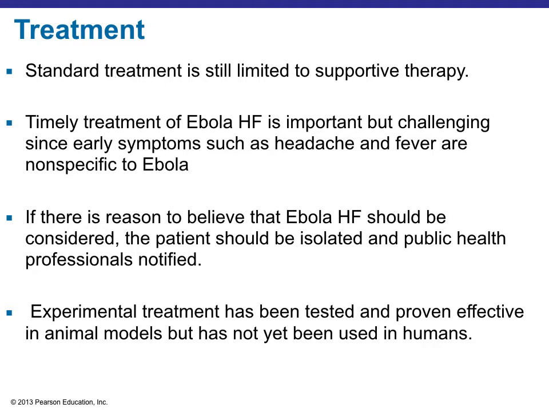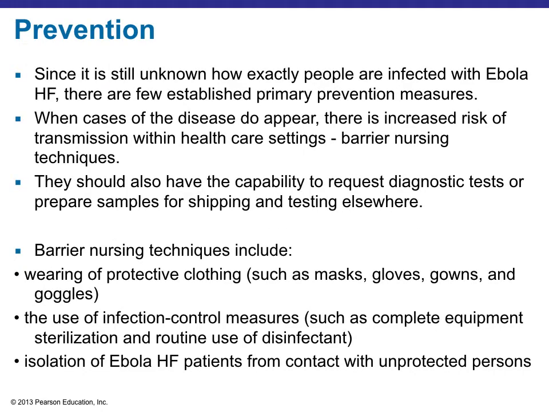Some experimental treatments and vaccines have been tested. They look like they can be effective in animal models, but you still have to progress to their use or testing in humans. It's unknown exactly how many people are infected with Ebola.